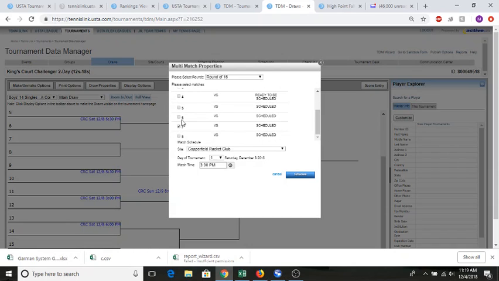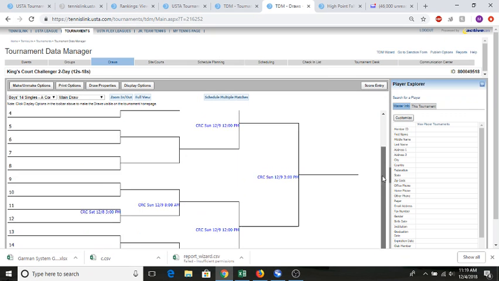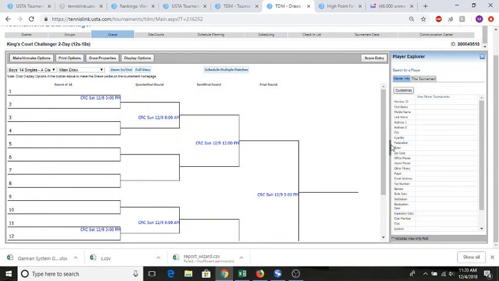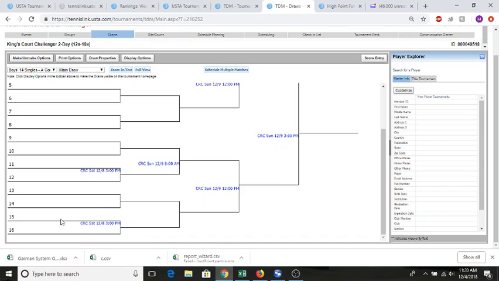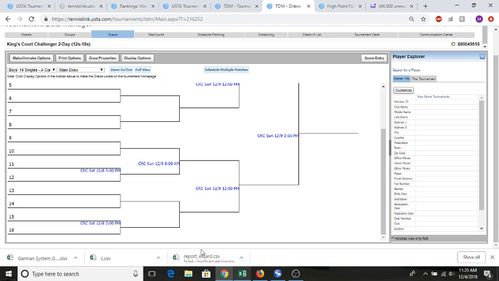So I scheduled that one. Don't need this, don't need this. For now, those are the late consolation matches. Okay, so I have my 3 p.m.s scheduled. My next time slot is 3:20. I have 3, and I've done the early consolation in the boys 14s A.